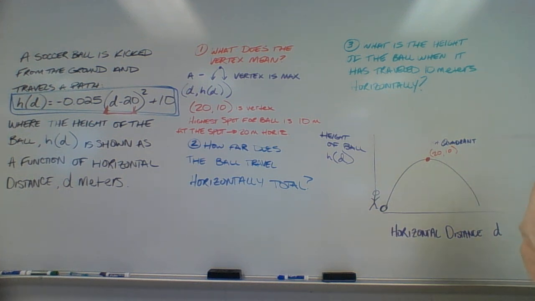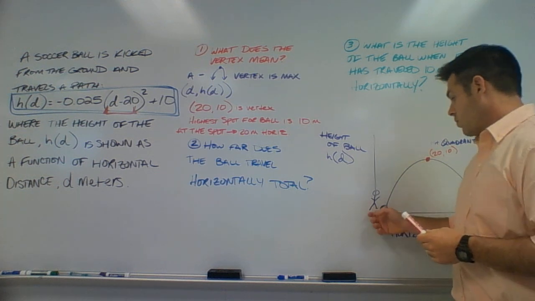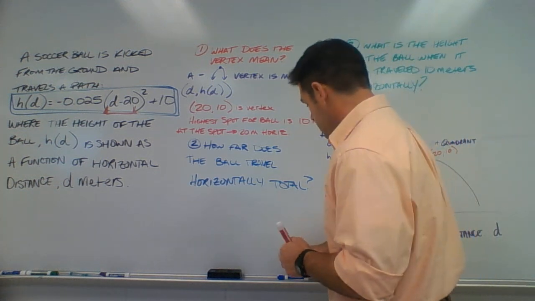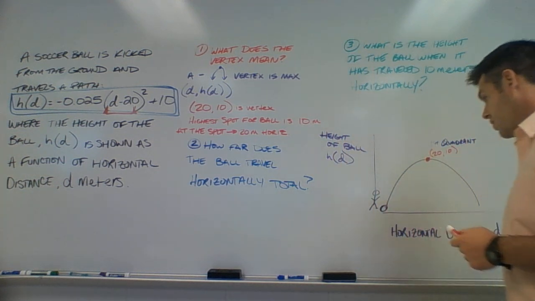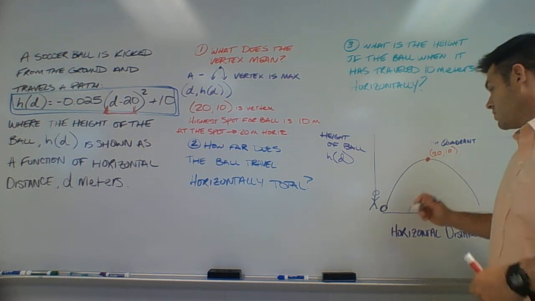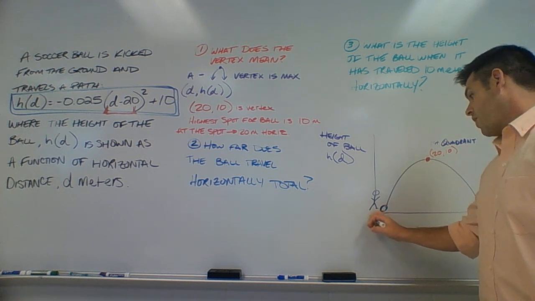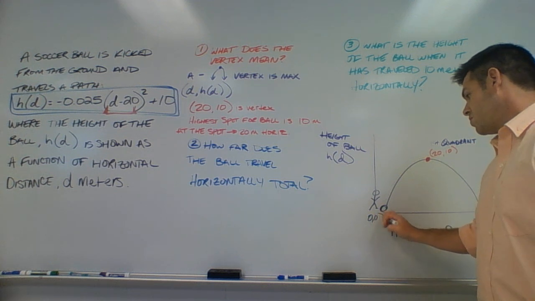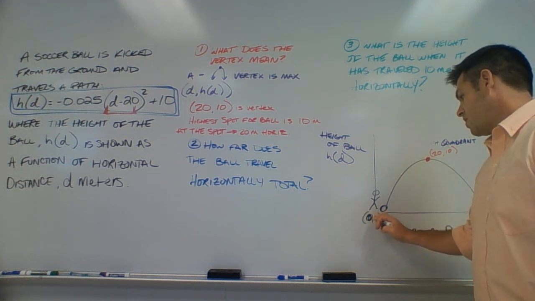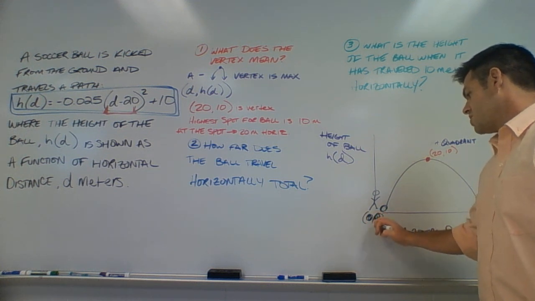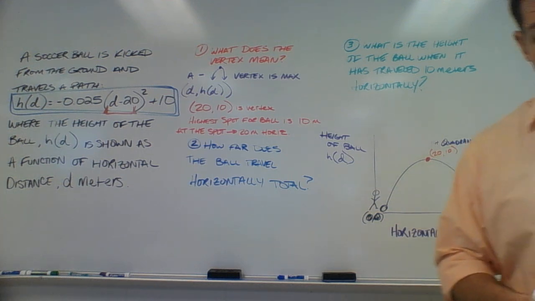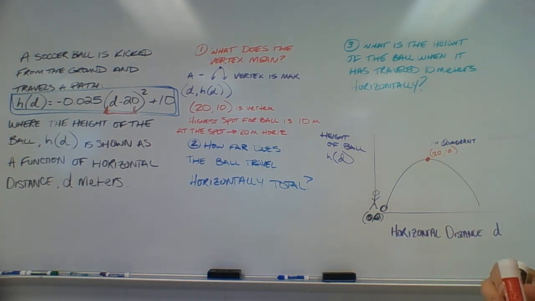So we have here our graph, and the ball started off on the ground with the person kicking the ball here, and on our graph that we drew up, that would be the origin. That's the origin of the ball. The ball hasn't moved at all quite yet. We've kicked the ball up in the air, and now it's traveling this distance.